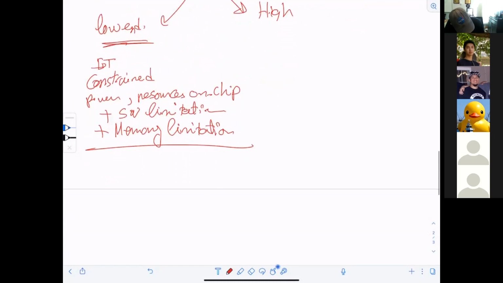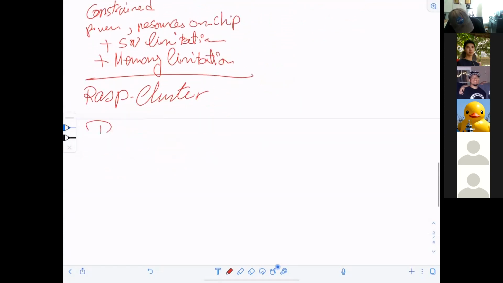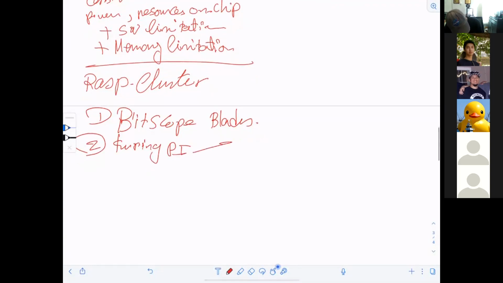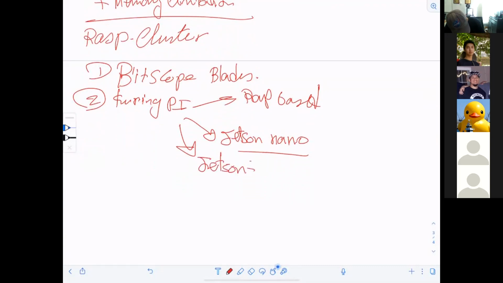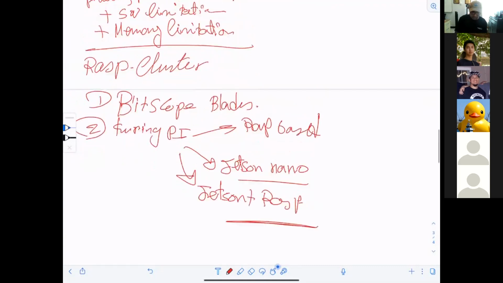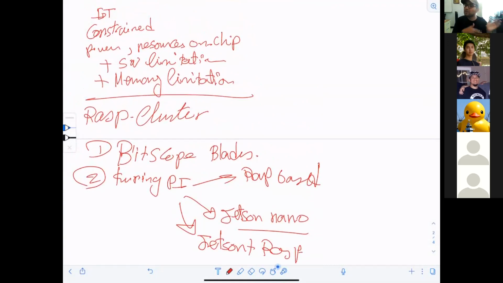Examples: Raspberry Pi clusters, one bit scope blades, Turing Pi, which is Turing Pi with Jetson Nano, Turing Pi with Raspberry Pi, and Turing Pi with Jetson plus Raspberry Pi. Okay, I'm going to show you those things on the internet now.